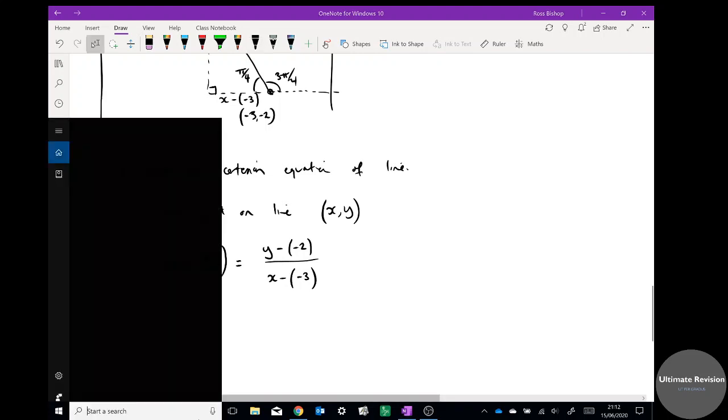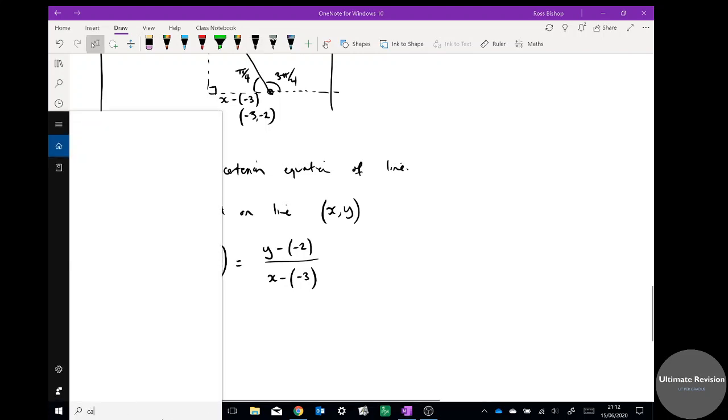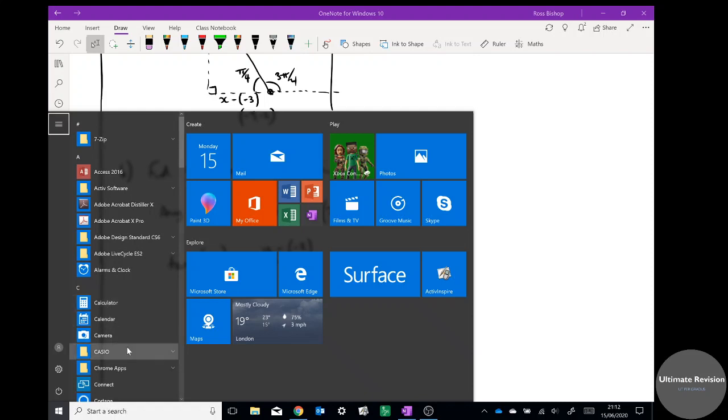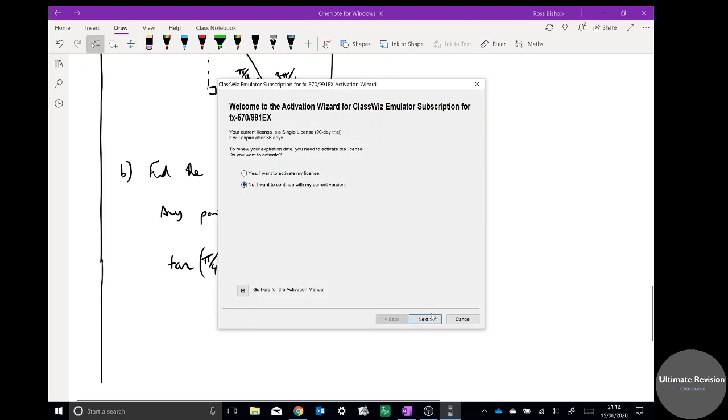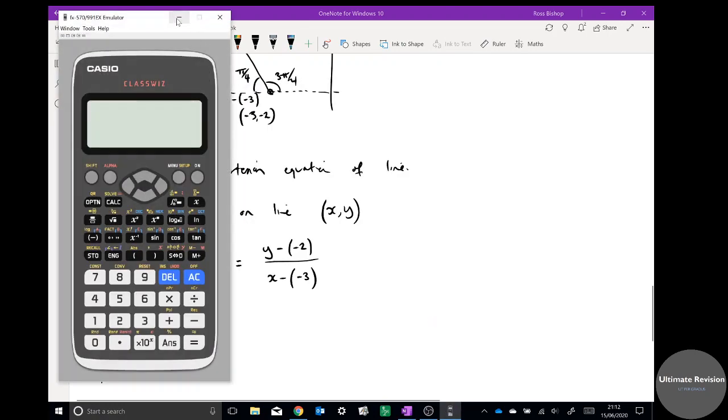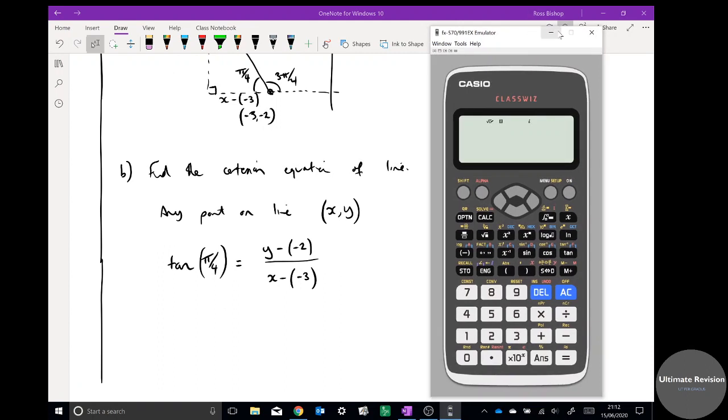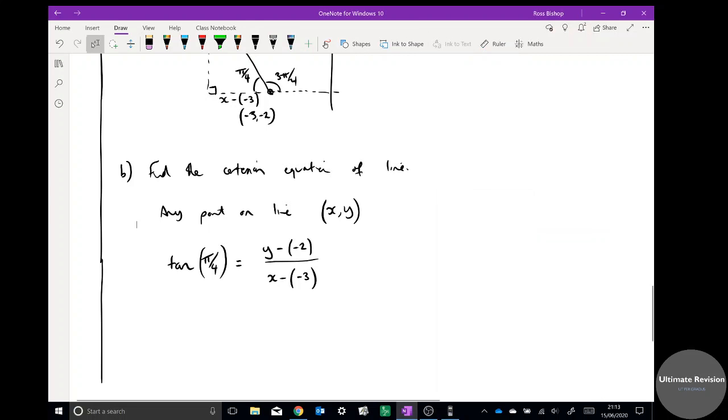So if I do tan, I need to be in radians, tan pi over 4, I get 1, which is quite nice. So I get 1 equals y plus 2 over x plus 3.